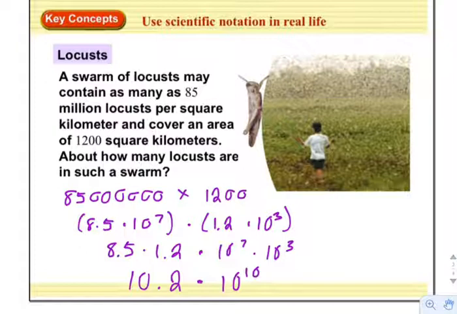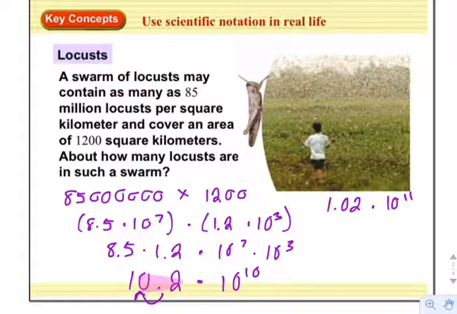But this 10.2 is not completely in scientific notation. So in order to rewrite that, I need to say 1.02, now that's in scientific notation, times 10 to the 11th power, because I moved an extra decimal place over to the left, so I need to account for it in my exponent in my scientific notation.